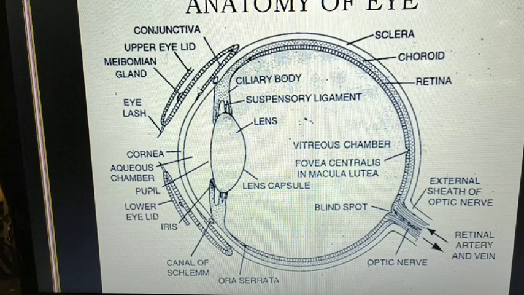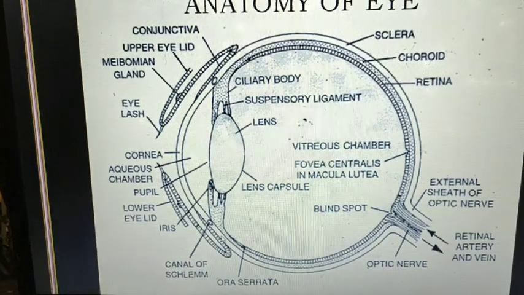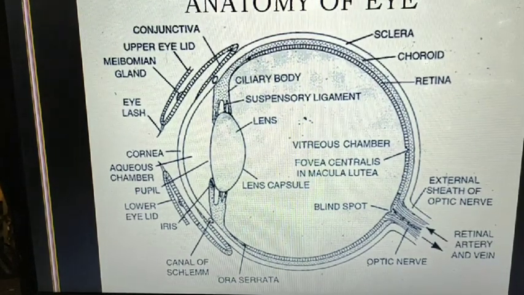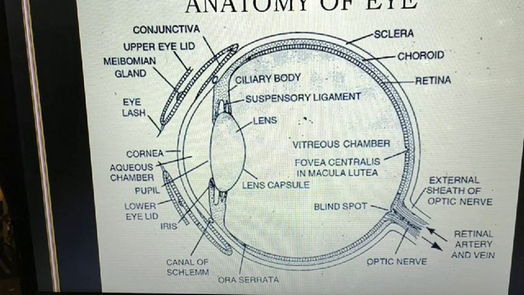So this conjunctiva is thin transparent layer and it covers cornea and continues with the skin over the eye, and it is composed of a stratified epithelium and continues with the eyelids. So here you can see continues with the eyelids, and it protects the cornea, secretes oil to lubricate and moisten the eye.